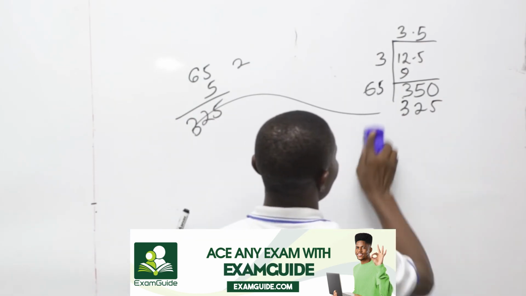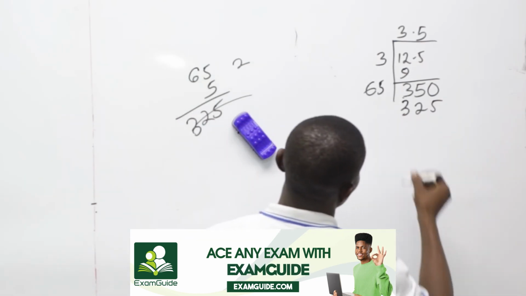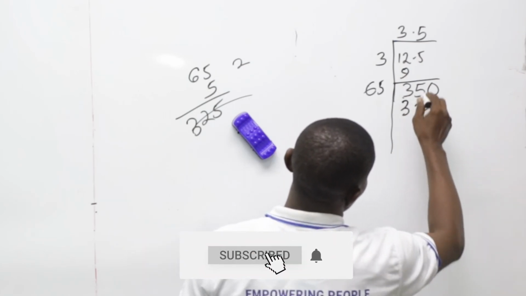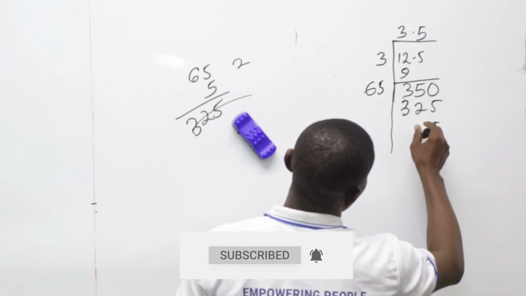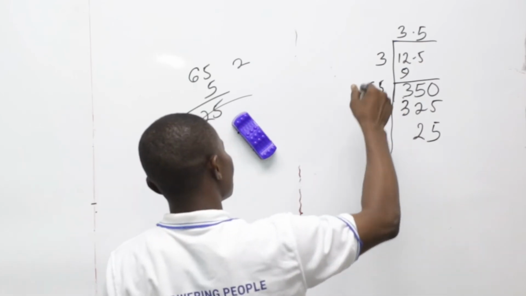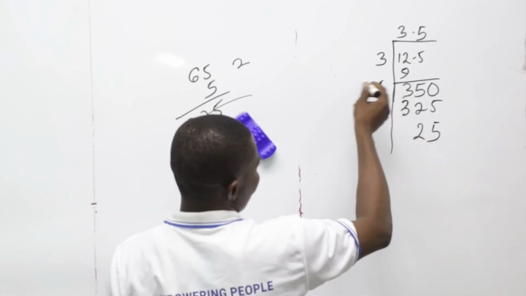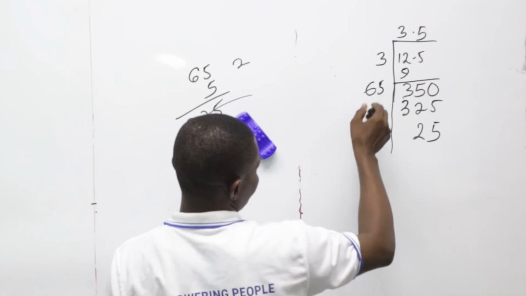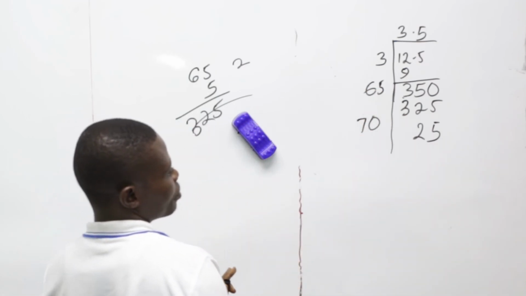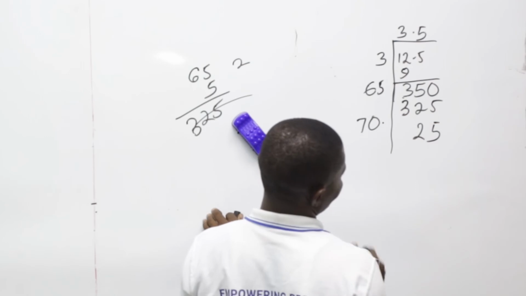Now we have 325. You subtract again to get the next number. This is 5. This will remain 4, 2. That is 25. Double your 5 is 10, meaning 0. Carry 1. Plus this, 70. It's no longer 65 you are seeing. Something must be done here.